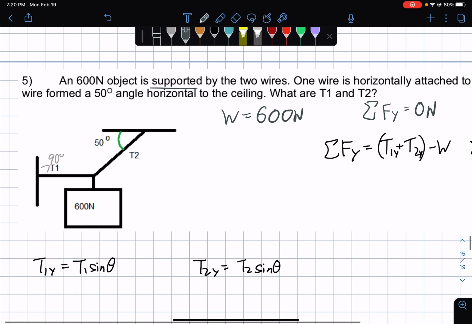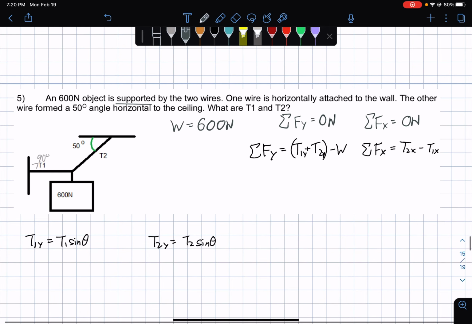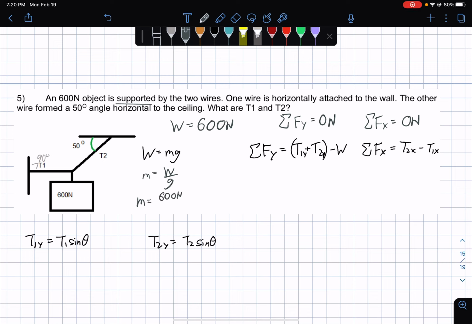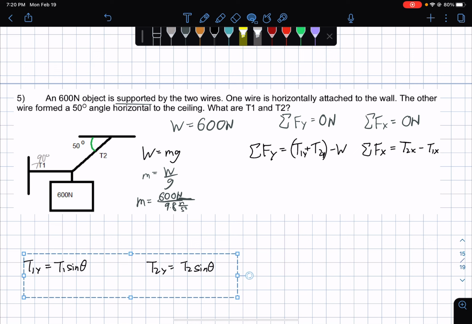So we don't know what T1 and T2 are. We know that the weight is equal to 600 newtons. We can look for the mass. So M is equal to W over G. M is equal to 600 newtons over 9.8 meters per second squared. Need more space.